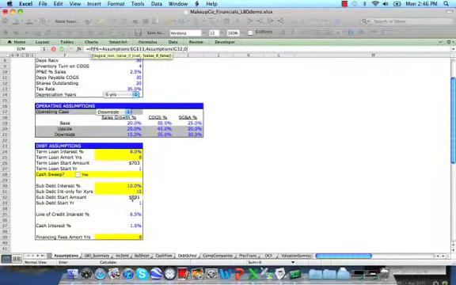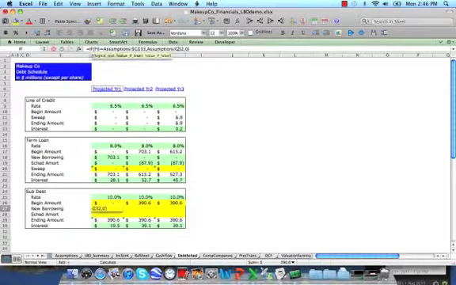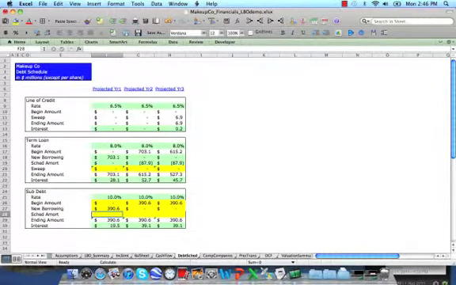If not, zero. And I need to just lock that second reference. So we'll just copy that across. So we can see that our term loan amount is properly borrowing in year one.